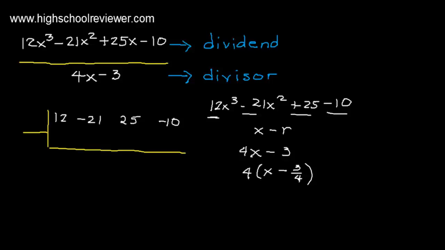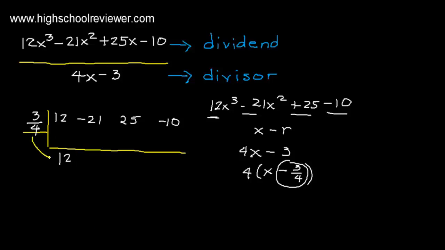Since the constant is negative 3 over 4, the number here will be the opposite sign, which is positive 3 over 4. Bring down positive 12. And then multiply 3 over 4 and 12.